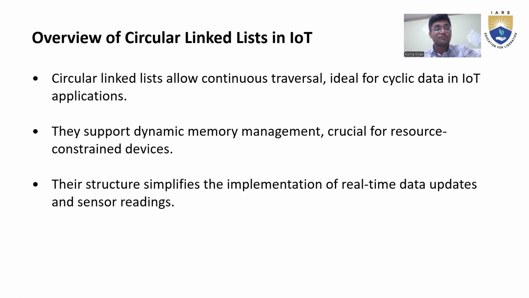One thing we can see here is supporting dynamic memory management, and another is that it is ideal for cyclic data. And their structure simplifies the implementation of real-time data updates and sensor reading. Through the sensor reading only, it can be amplified by the implementation of the real time.